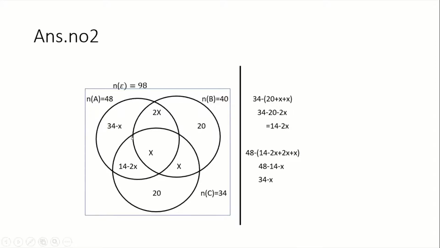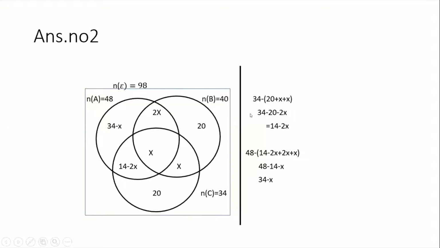How I got them? I first found A intersection C. For C, we have 34 in total, but 20 plus x were given, and this part was unknown.